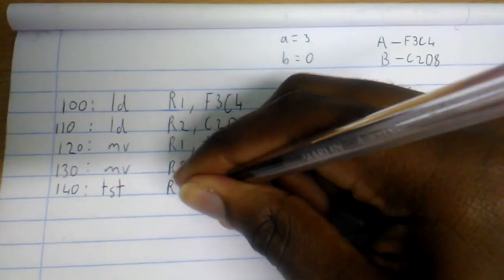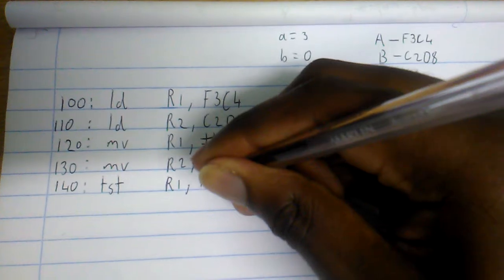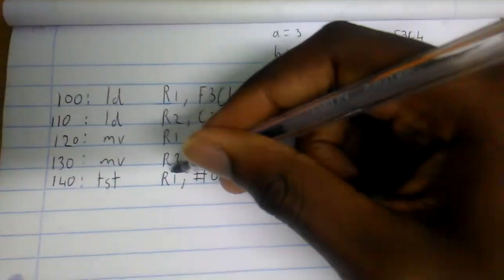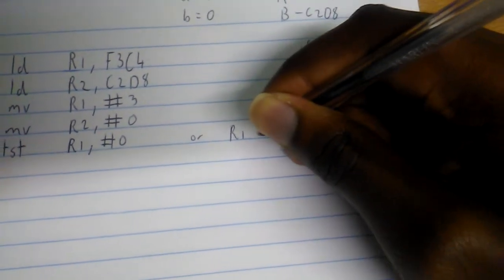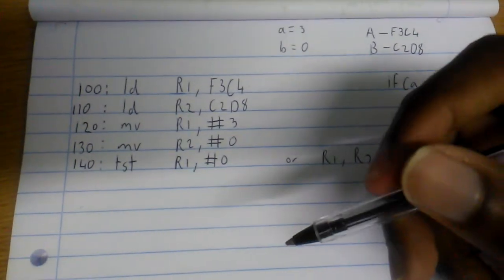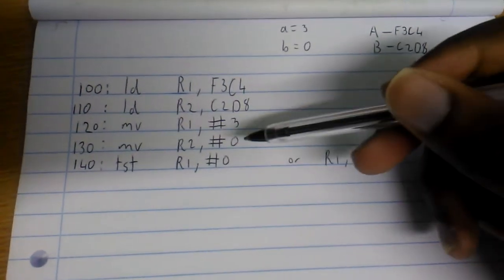We can say R1, comma, hashtag 0. Or you can just do this, R1, comma, R2. Because remember, B has this value of 0 as well.